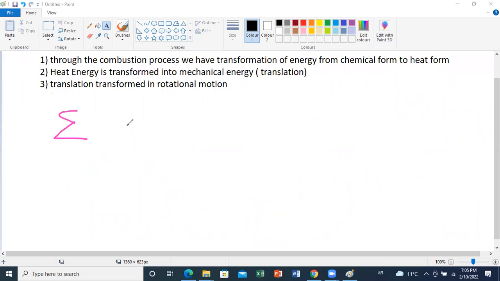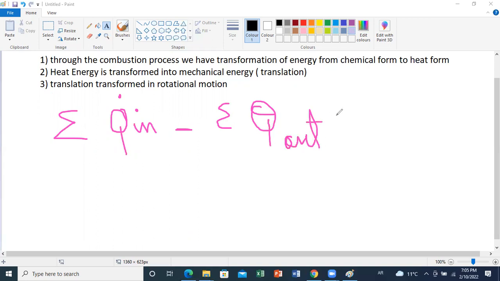Sum of Q dot in minus sum of Q dot out equals the net work, W net, which is the net work done by my system.